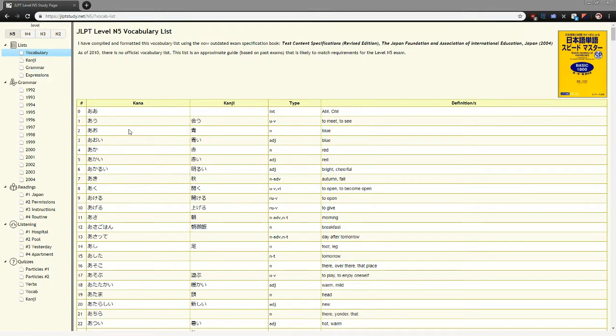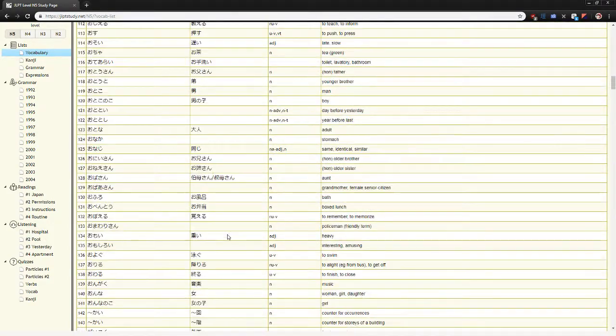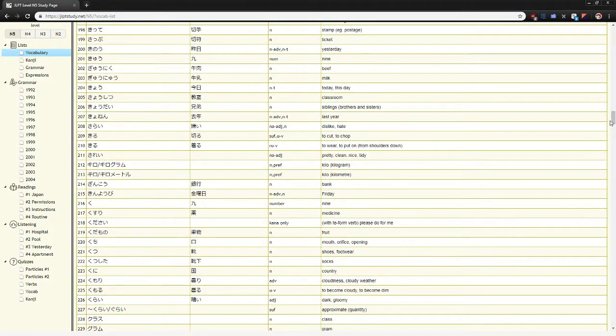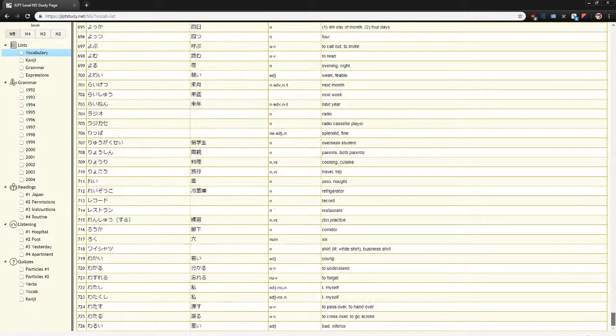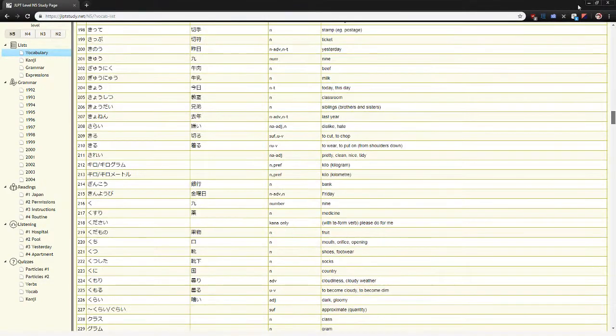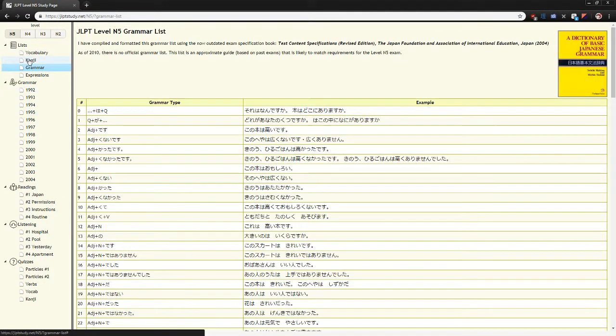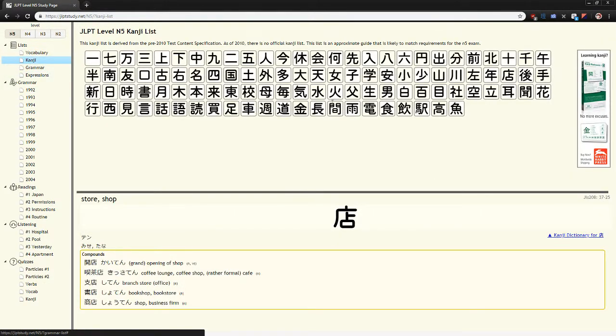So at the end of all of our learning for N5, you should be able to have about 200 kanji inside your head, about 700 words inside your head, and actually be able to understand the grammar. This is the most basic kanji for N5. This is what we got to get in our heads. But I won't scare you with this just yet. We are quite a ways away from learning all this, so don't worry about that.